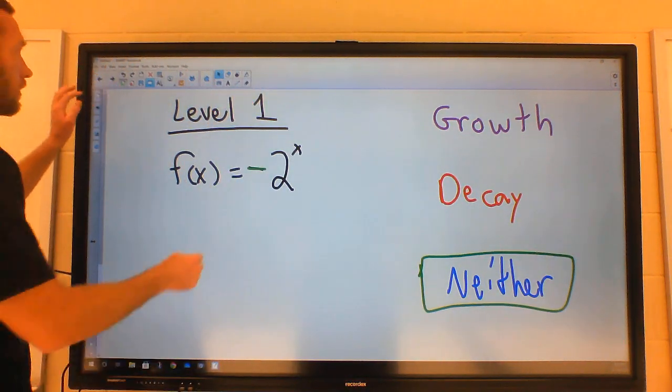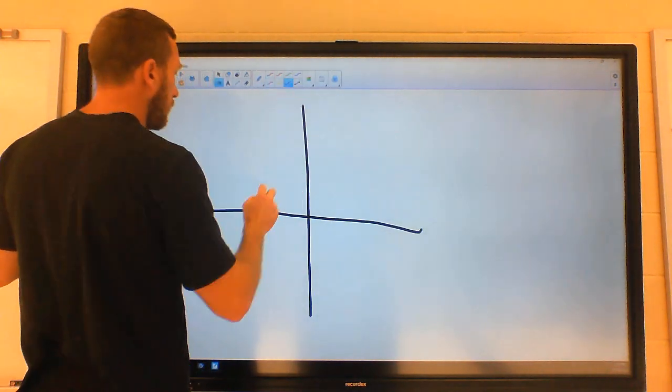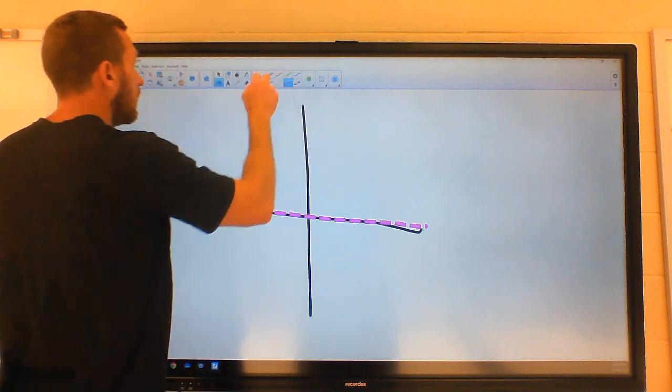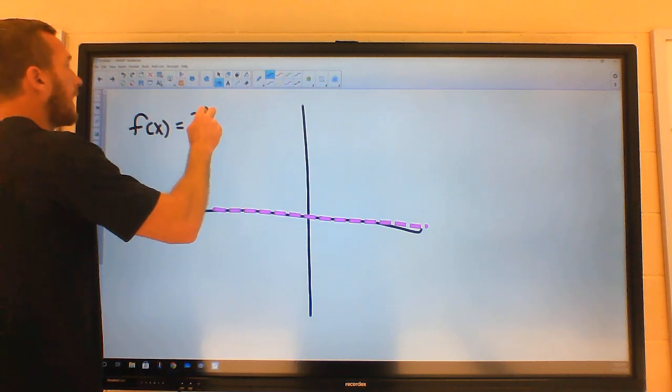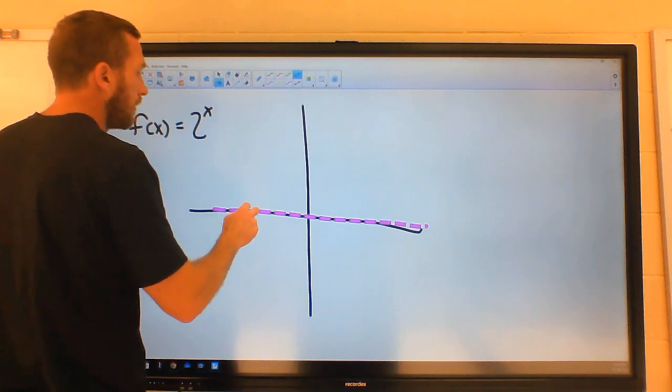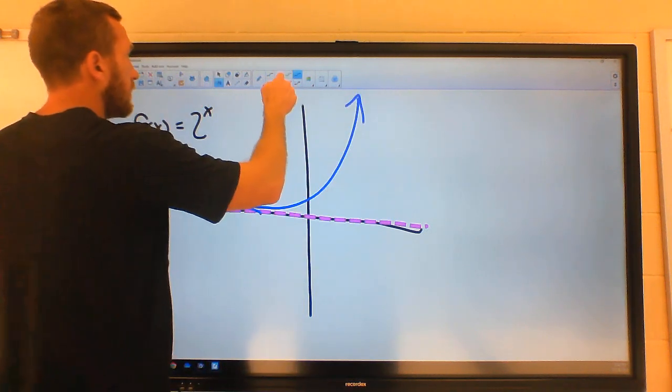Okay, so let's look at those two functions, right? Here would be our asymptote. Here is 2 to the xth power, above it. Notice this is growth.